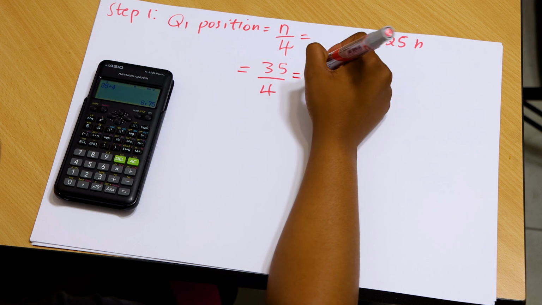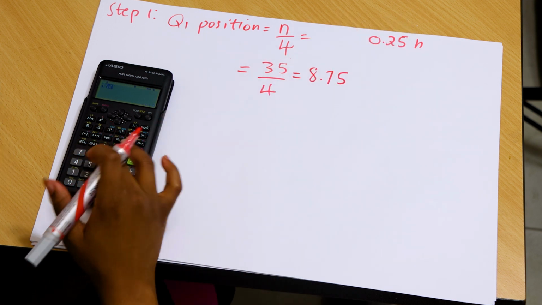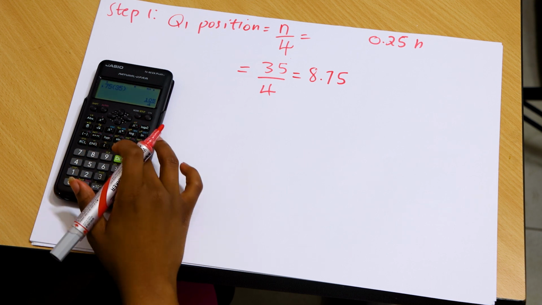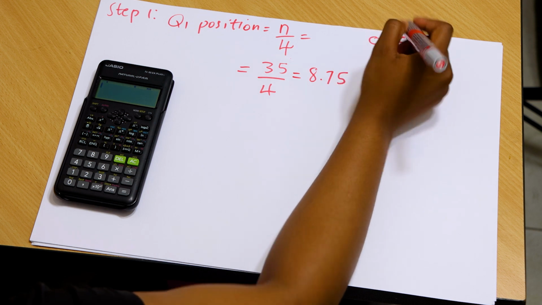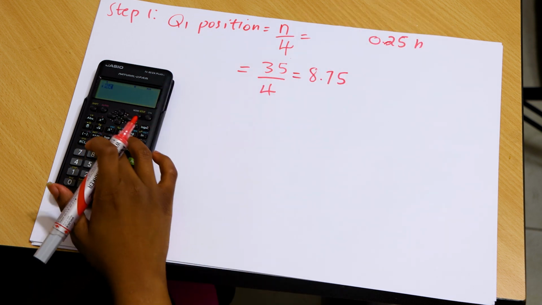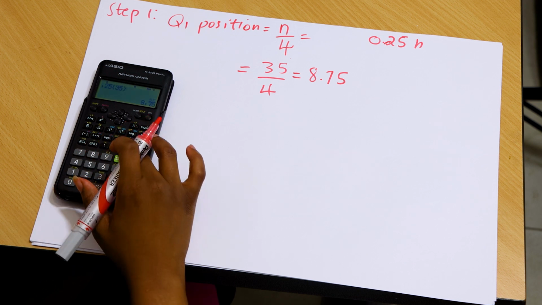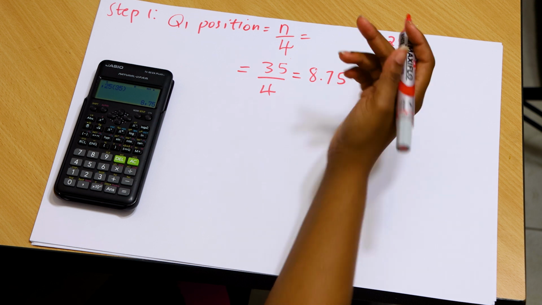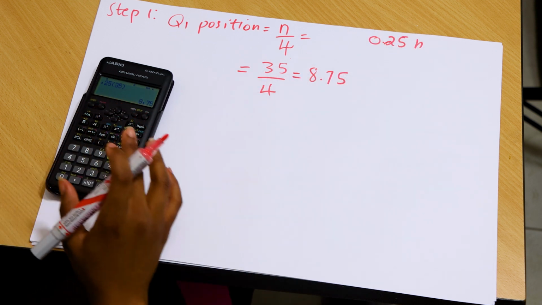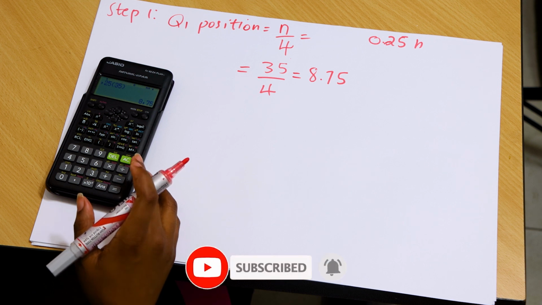Just to confirm, 0.25 times 35 is 8.75, because it's the same thing. Anyway, it means the position of the first quartile is 8.